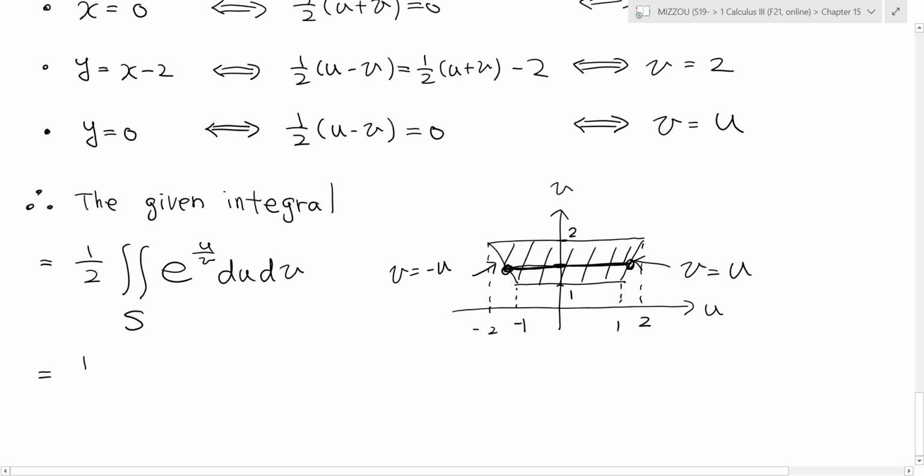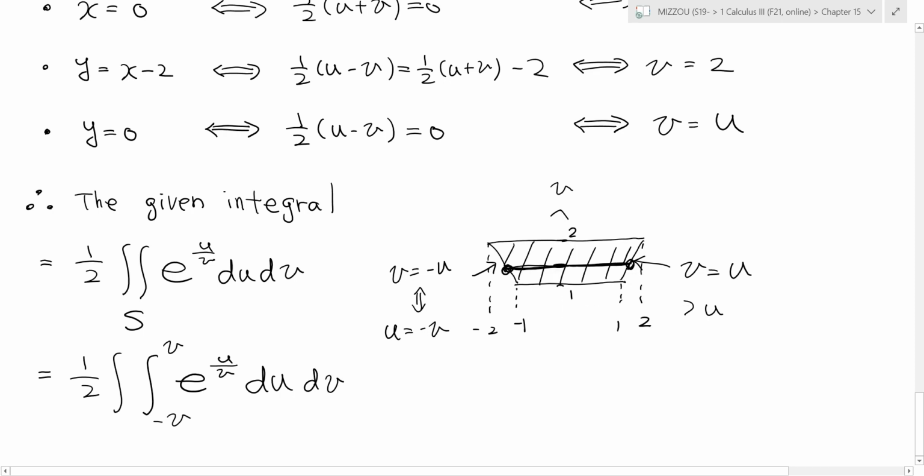For each fixed v, u is from negative v to v, and then dv, where v is from 1 to 2.